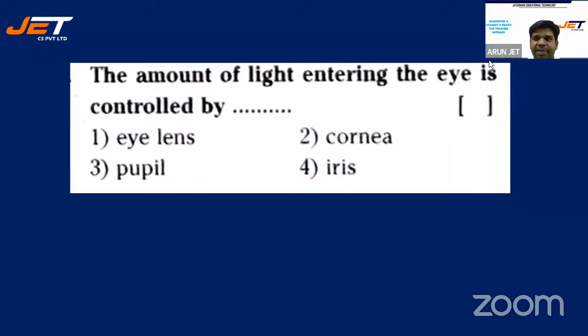The amount of light entering the eye is controlled by eyelids, cornea, pupil, iris.